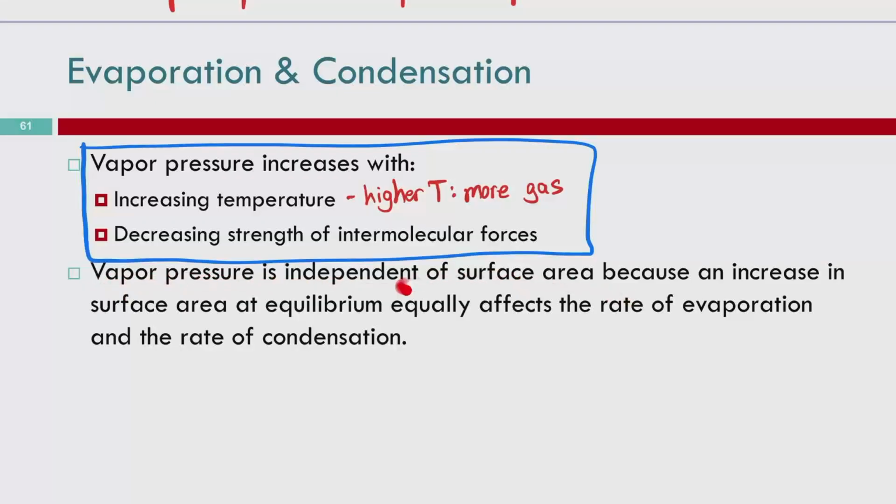Vapor pressure is independent of surface area. Surface area affects the rate of evaporation, but it also affects the rate of condensation. So if we increase the surface area, that's going to increase where we can evaporate, but it's also going to increase where we can condense.